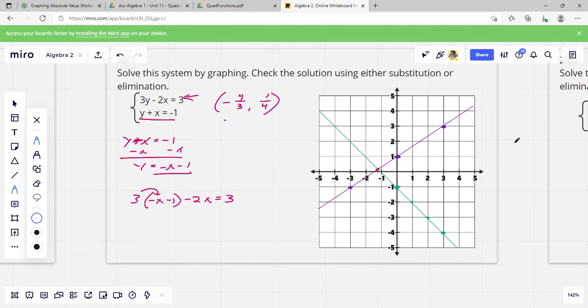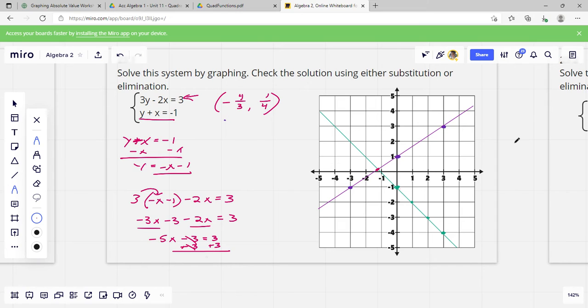Now I'm going to distribute that. 3 times -1 would be -3x minus 3 minus 2x equals 3. Alright, and then I can put my x's together, so I've got -5x minus 3 equals 3, plus 3.